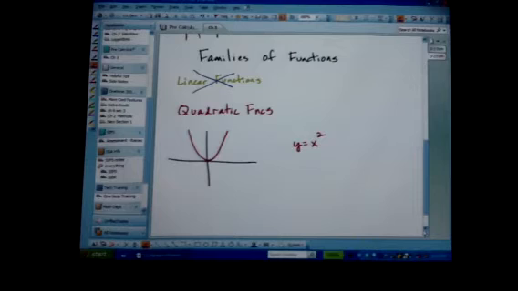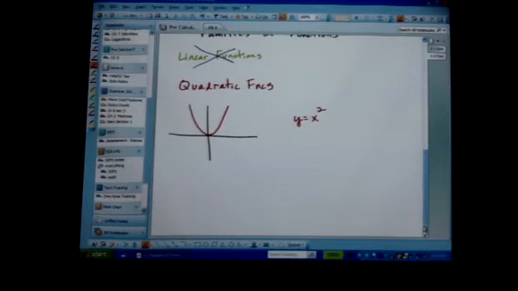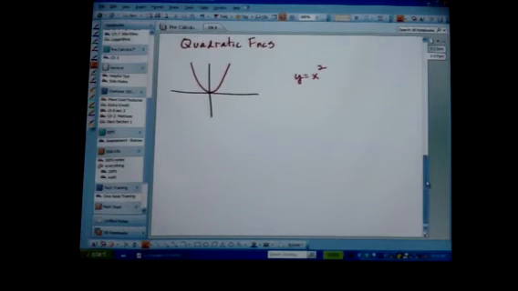So our first family is called the quadratic family. You recognize it because of the x having an exponent of what number? 2. Okay. Now, in each family, there is an equation called the parent equation. Just like in our real families, we have parents, okay?